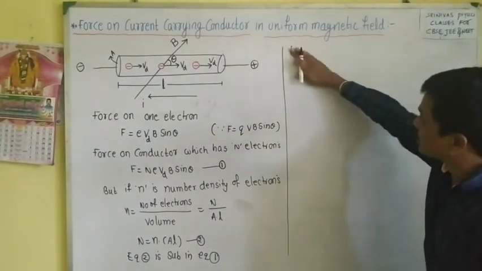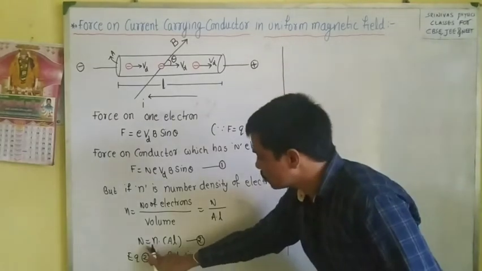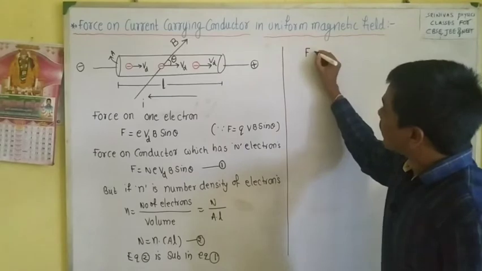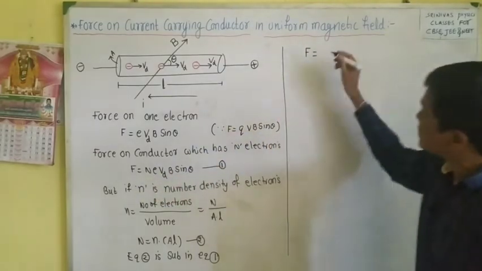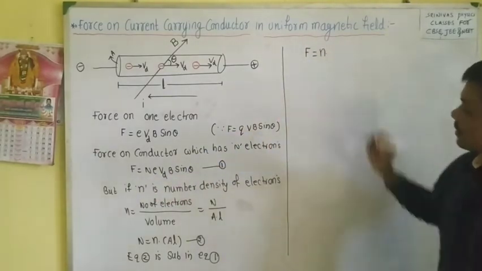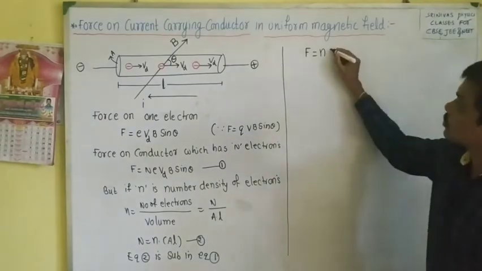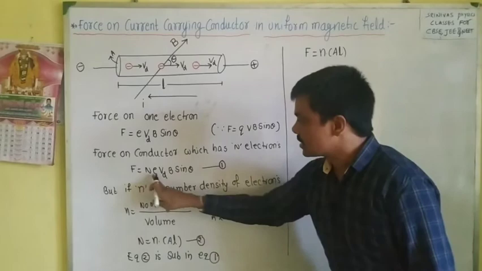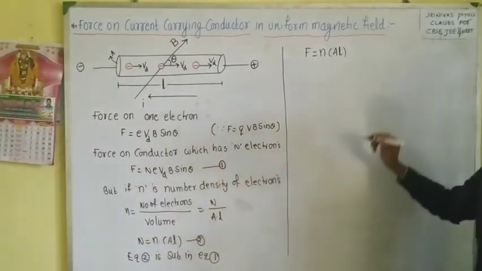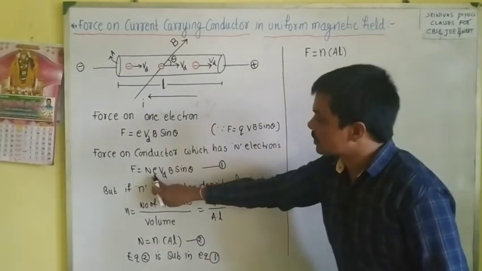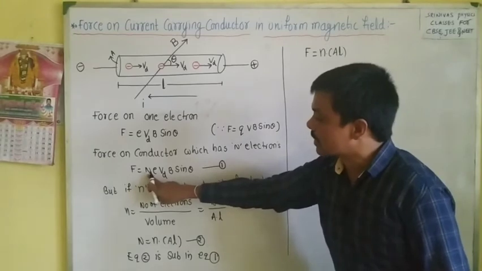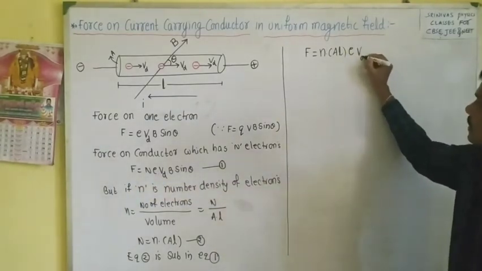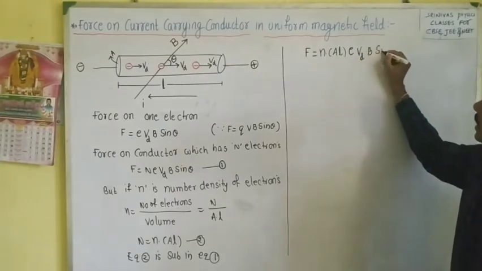When you substitute equation 2 in equation 1, we get the force on the conductor: capital N is replaced with small n into AL, and the remaining is e Vd B sin theta.